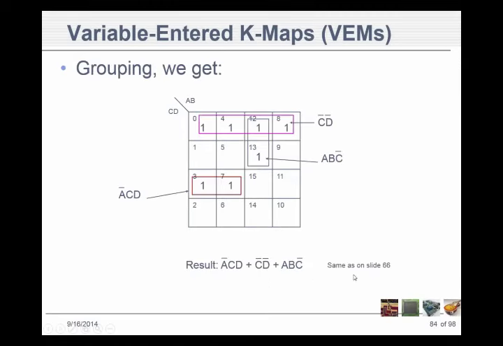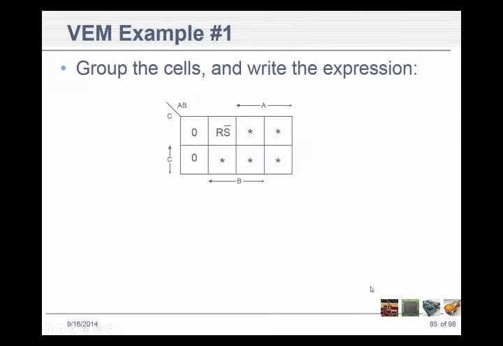Now let's simplify. And when I do, I get this group, that group, that group. Do you see any other groups or any other ways that I could have grouped them? And so we're left with not A and C and D, not C and not D, and then A, B, and not C. And that is the same as the one on 66.